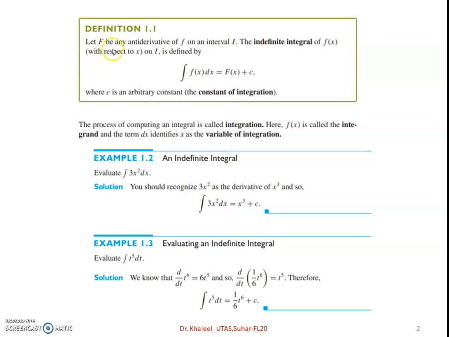If capital F is an antiderivative of small f, then the indefinite integral of small f with respect to x is equal to capital F(x) plus C. This is the symbol of indefinite integral. f(x) is the integrand, dx is the variable of integration and it is read as "with respect to x", and this C is an arbitrary constant, that is, indefinite.